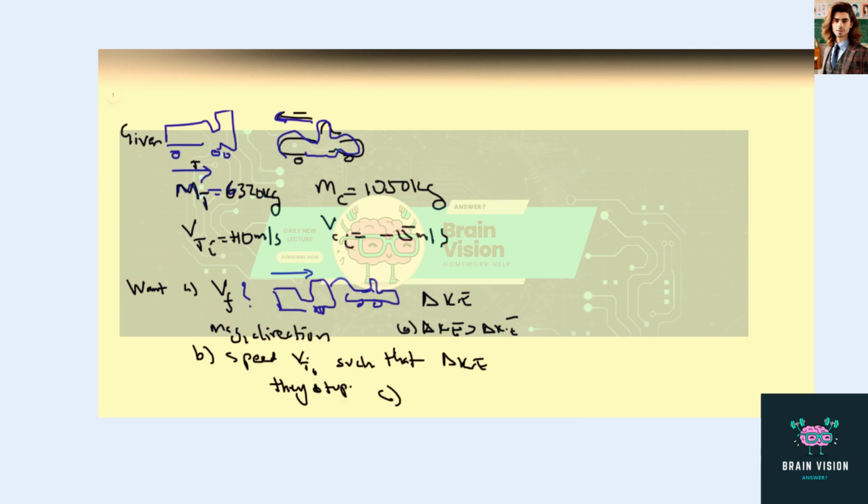So that's the information we're given in the problem. The first part of the problem is that we are going to compute the final velocity using the law of conservation of momentum.